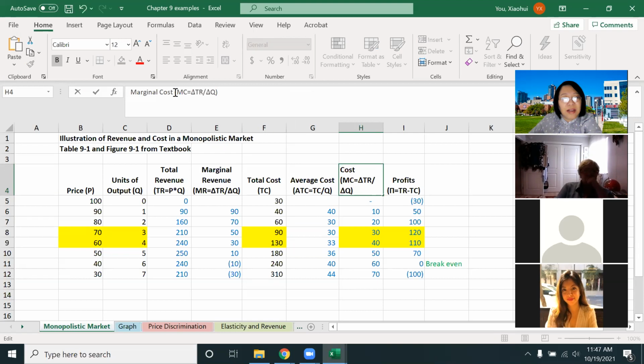You can only change one thing to make this formula correct. Marginal revenue equals delta total revenue over delta Q. So marginal cost will be equal to delta total.